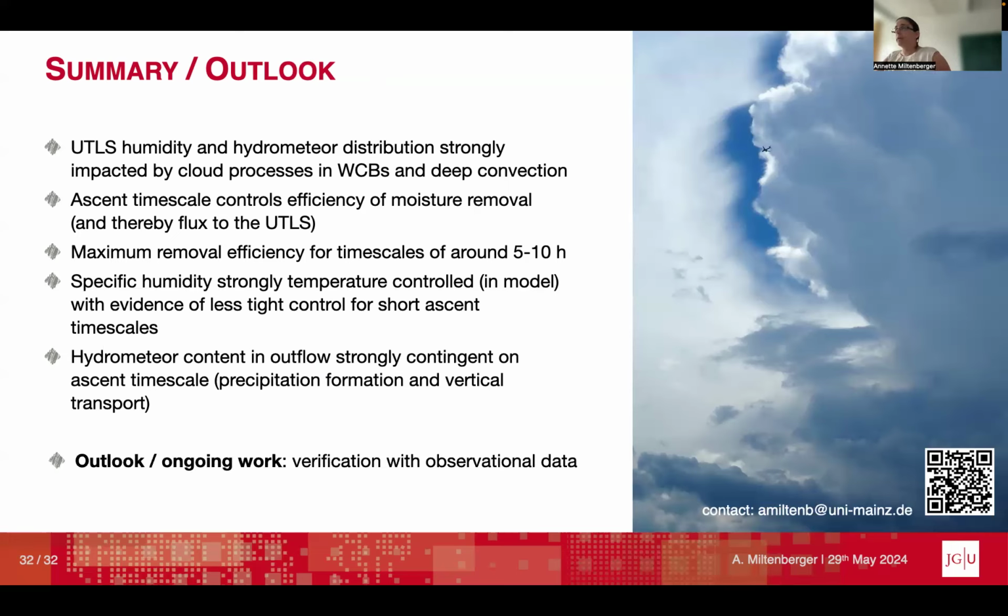What we're currently doing is trying to verify this with observational data, because of course there is a lot of question when it comes to the microphysics representation in the model. I'm particularly a bit suspicious of this very strong temperature control of the specific humidity in the outflow. We're currently trying to work with observational data to verify or disprove what the model is showing here in terms of water vapor transport.